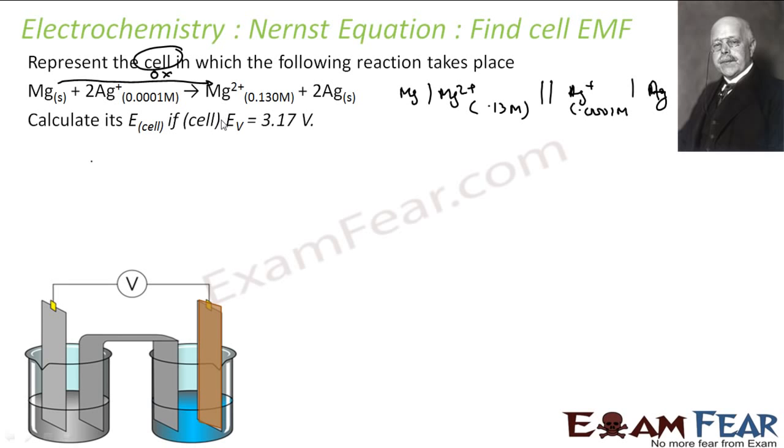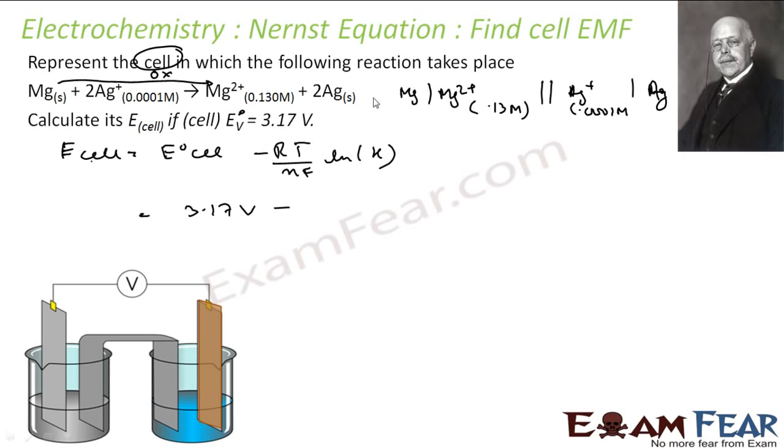Now you have to find the E cell if standard E naught is 3.17 V. We know that E cell is E naught cell minus RT by nF ln K. E naught cell is 3.17 volt minus RT by nF.